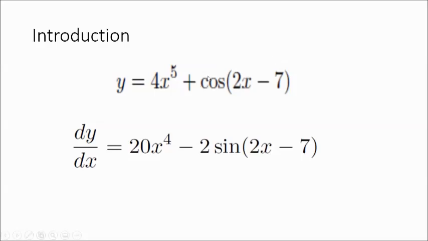So yan lagi yung mga diniderive nyo. And then kapag dinerive yan, that is power rule. For review na rin, so 20x to the 4. And then derivative ng cosine is negative sine. Bakit mayroon 2 dito? Kasi kailangan pang i-derive yung nasa loob ng parenthesis. Derivative nito is 2. Okay?